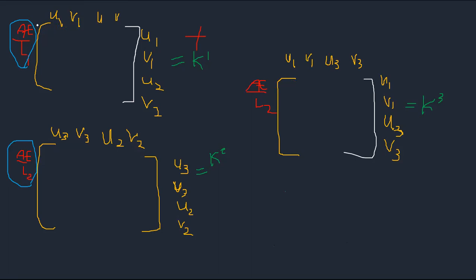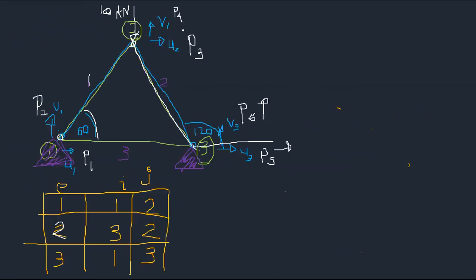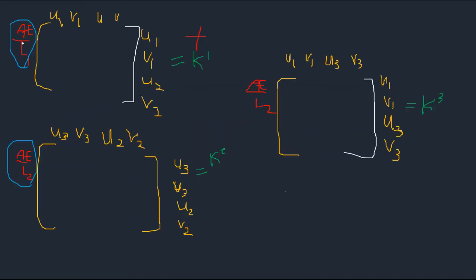But I suggest that once you determine the element stiffness matrix, you place this AE over L inside, then it's more confident for you, because then you can easily add these matrices, since no scalars are outside.